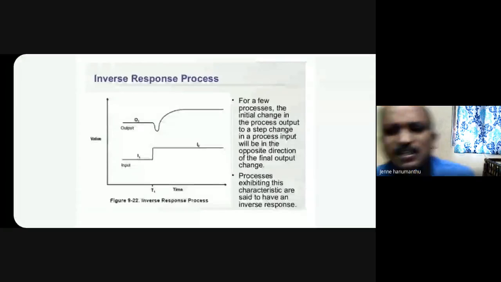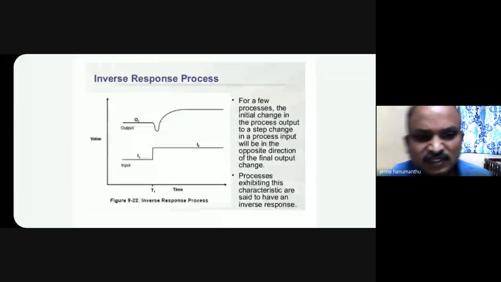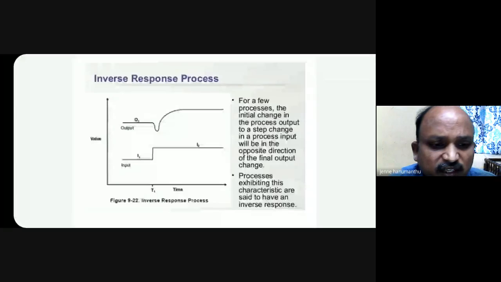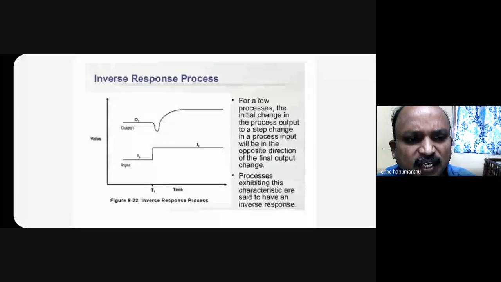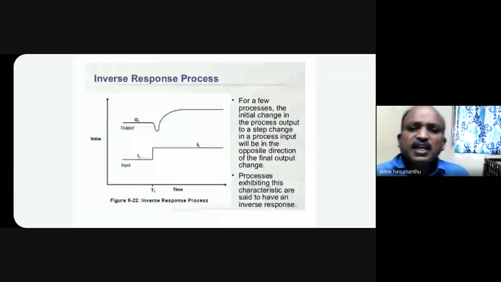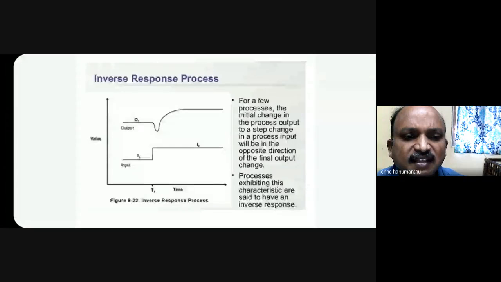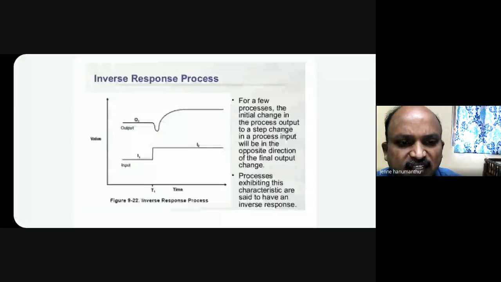See, here we are representing a graph for a system. If you represent the characteristics of any system in terms of a graph, like time versus output value, the input is a step change like this, with an initial value and a final value like this.